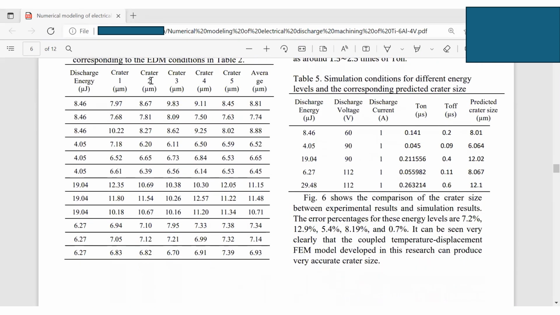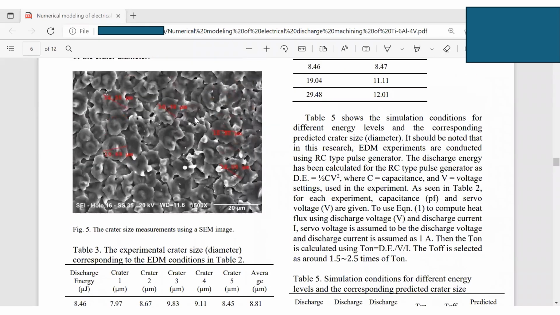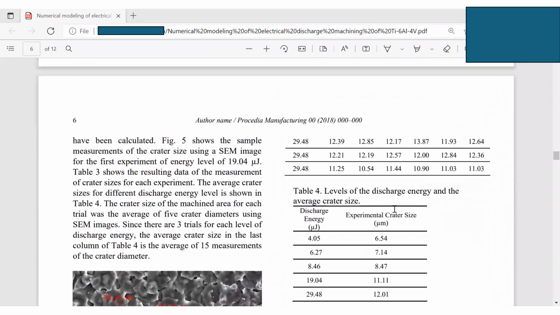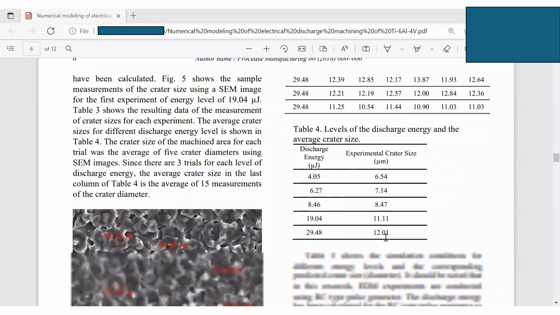We randomly select 5 craters, measure the diameter of each, and finally get an average value, and we use the average value. Here you can see a crater, a crater. I don't know whether you can see it clearly or not. This shows the level of discharge energy and the average crater size, so discharge energy and the experimental crater size.